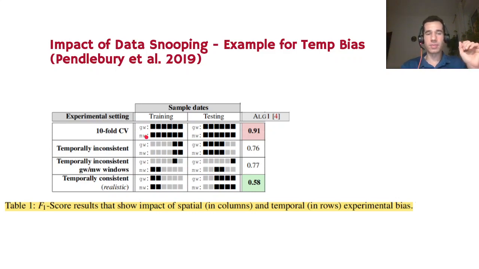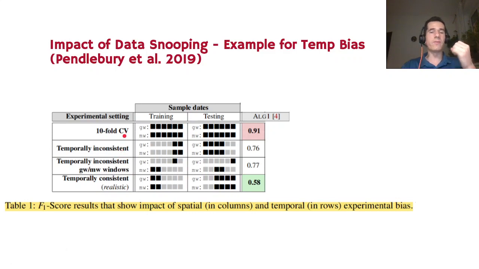So we have our training and test set, and using certain parts of the dataset with respect to time can impact the final results. The results are presented in F-score, and there are 4 different setups of how we use our data.